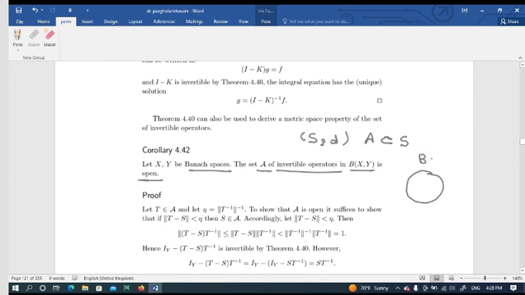We have X and Y, and A is such a subset of B(X, Y) such that all members of A are invertible.